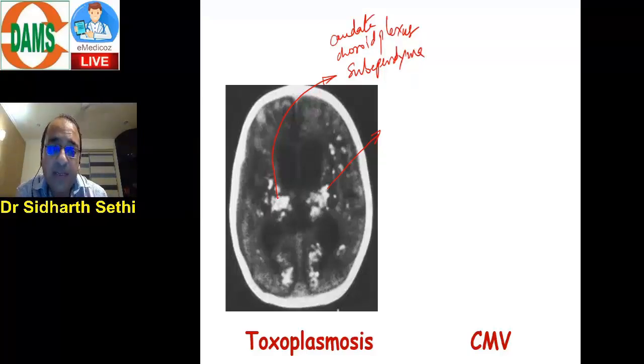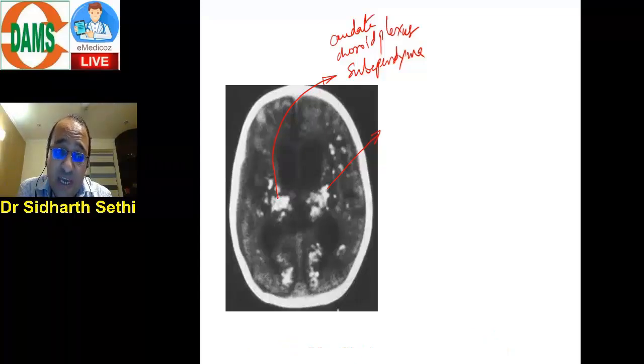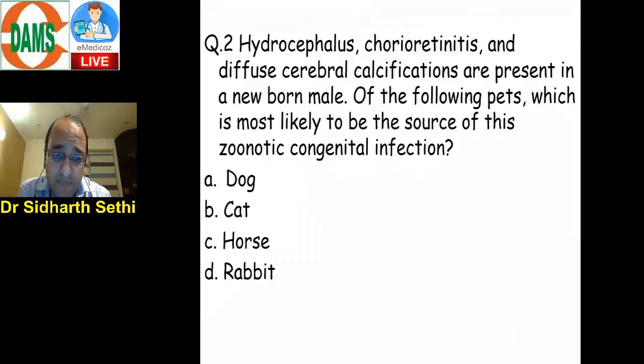So it can cause hydrocephalus. That's very important, that in toxoplasmosis you can see hydrocephalus because the calcifications can block the aqueduct.